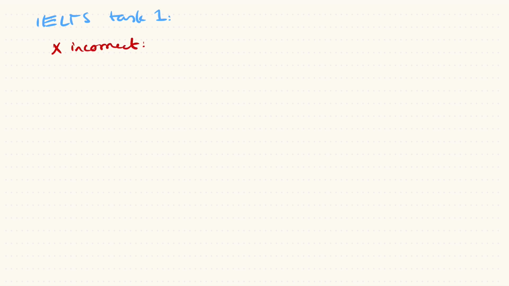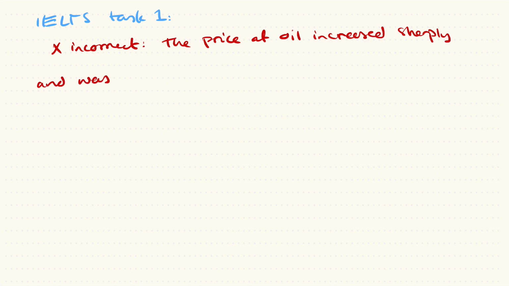For example, in task 1, you would write "the price of oil increased sharply and was stabilizing afterwards."